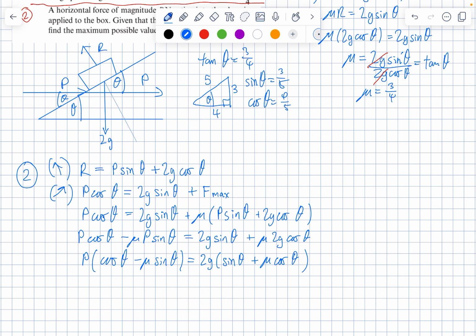So now, remember, we have got the values for sine and cos. So we're going to put them into our equation.